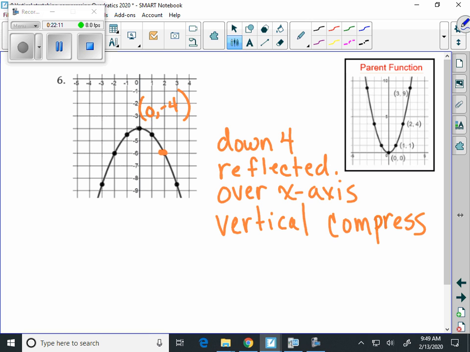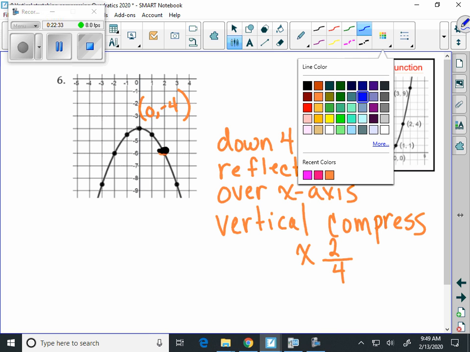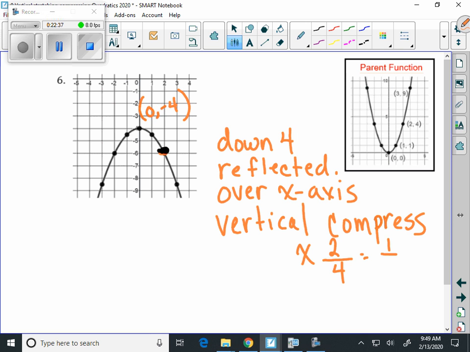So what's going to happen is that we're vertically compressing by a factor of 2 over 4. Again, we went 2 down to get to this point here, and we should have been going 4 down from the parent function, which means that we are shrinking and compressing this graph by a factor of 1/2.